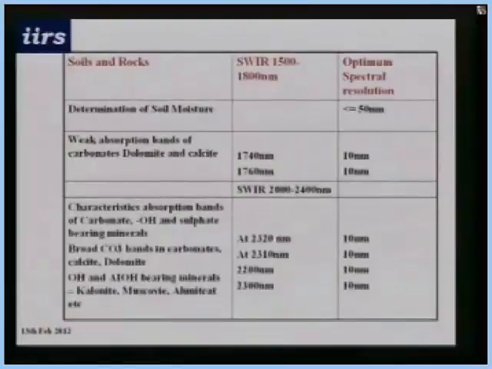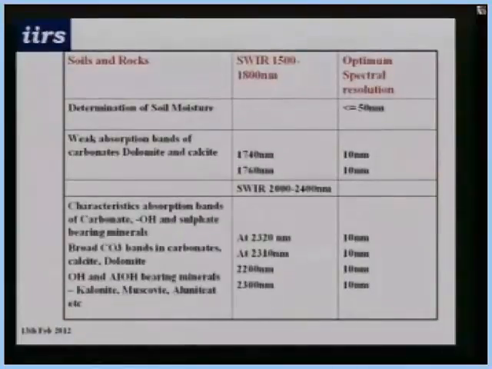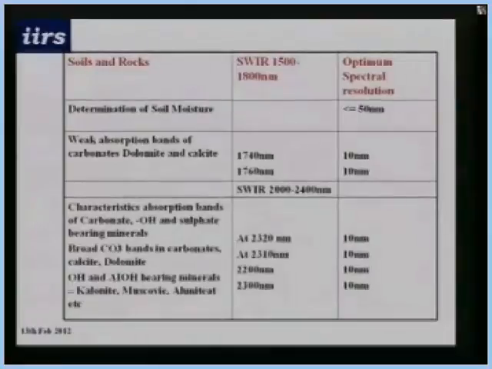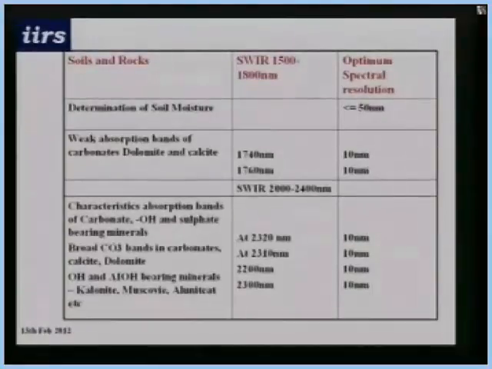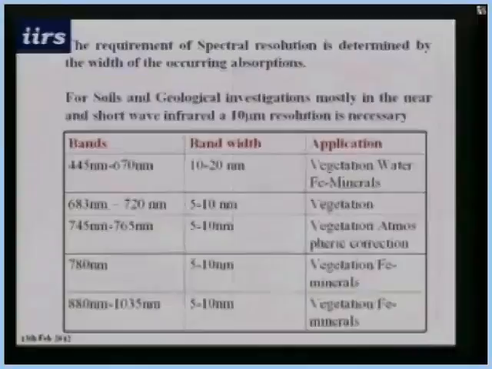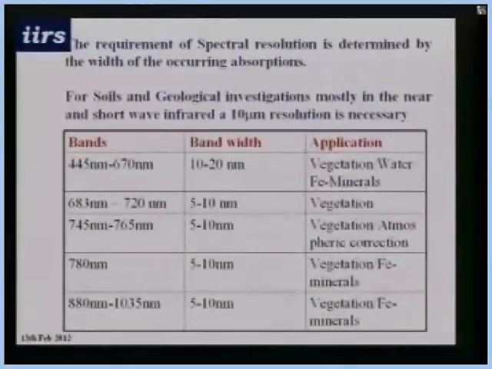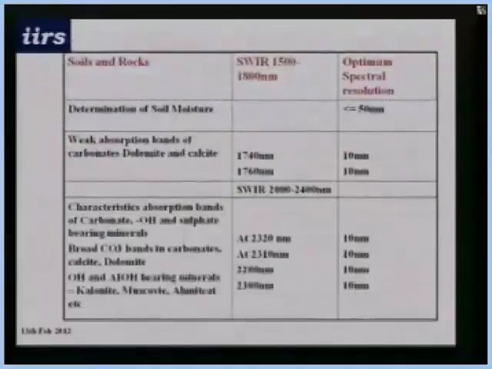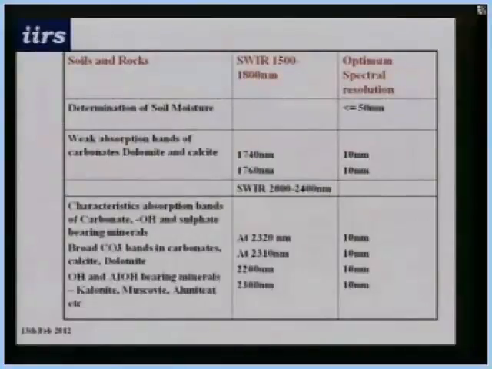For soils and rock, for soil moisture related studies, the spectral resolution required is less than 50 nanometers. But in general, if you look at all the various applications, the optimum resolution required for the various vegetation, soil and geological features comes out to be 10 nanometers across 0.4 to 2.5 micrometers.